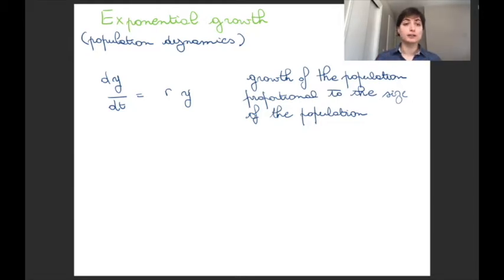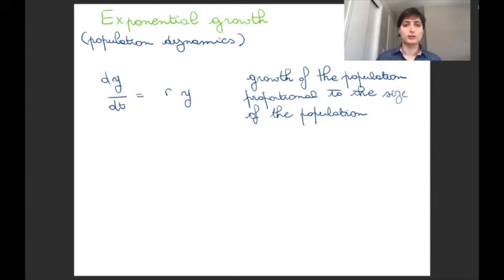So the first approximation, the first modeling of population dynamics we will do is through exponential growth. So we say that the growth of the population, so y in this case is how many individuals the population has. We consider y a real number, not integers, but we look at y and we say that the growth of the population, so dy dt, depends on the population itself.